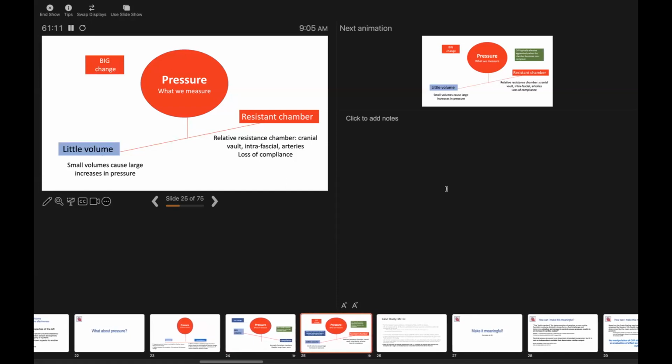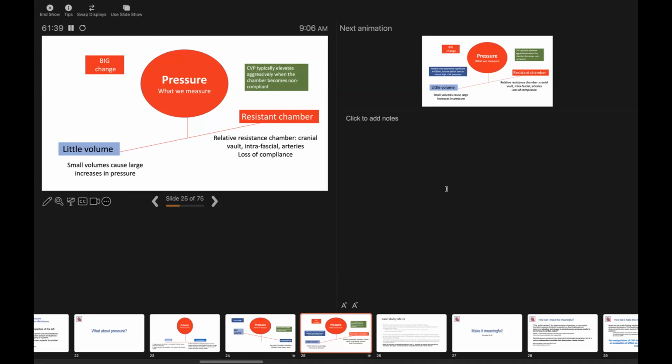is a resistant chamber. Now, we're talking about the arteries, we're talking about making the arteries resistant, but I also want to remind you that when you have an elevated filling pressure, CVP, preload pressure, CVP to the right heart, PAD or wedge to the left heart, those pressures typically go up because the ventricles have lost compliance. Because normally the right ventricle is very, very compliant. The pressure doesn't go up when you get volume. So really, really important.